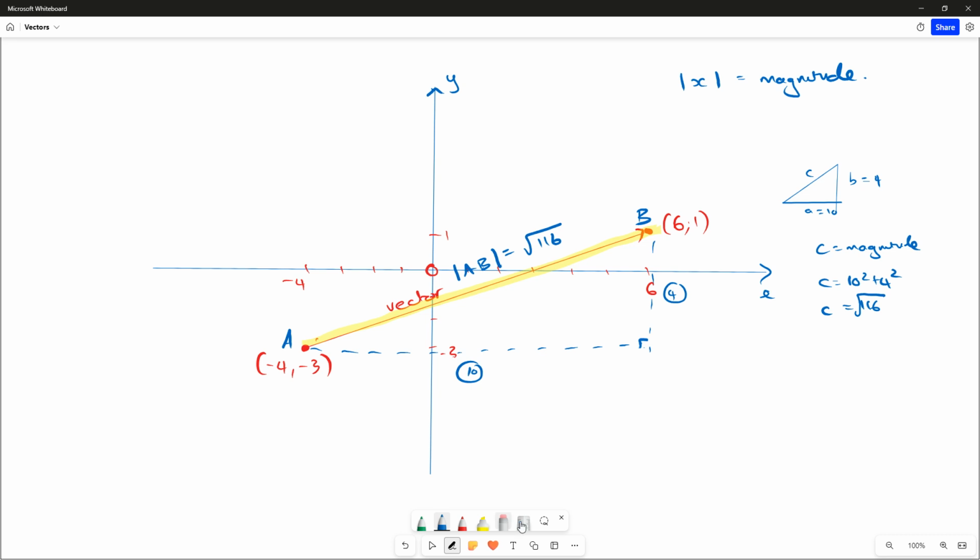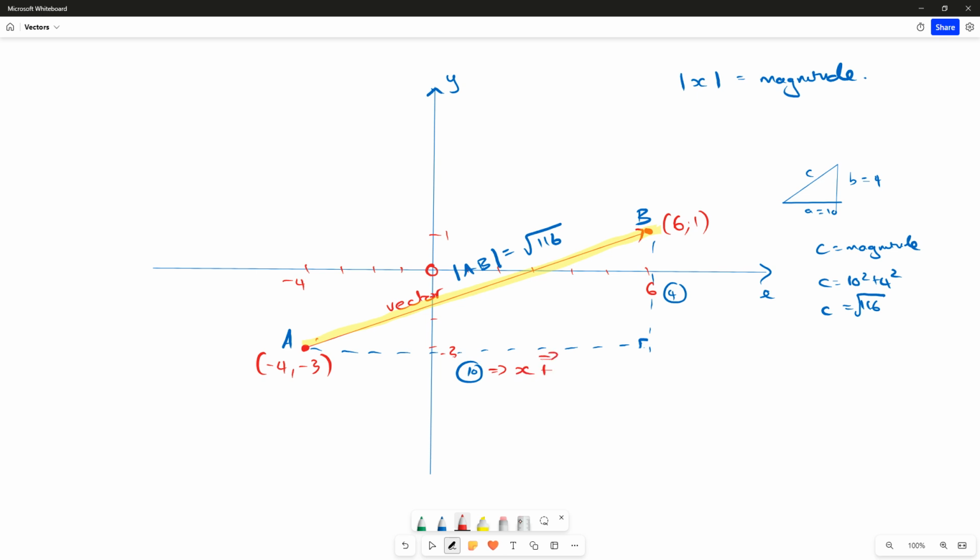We can also, now that we know the x and y components, see this is x in the positive space because it's going right, and this is y positive because it's going up, starting from A to B. So we can write vector AB with an arrow at the top is equal to a column vector where we put x first and then y.